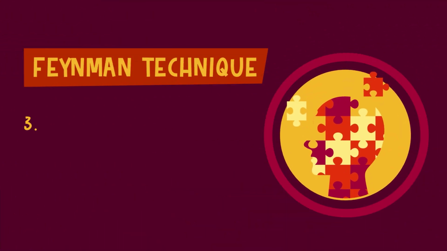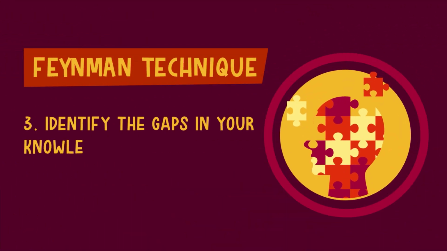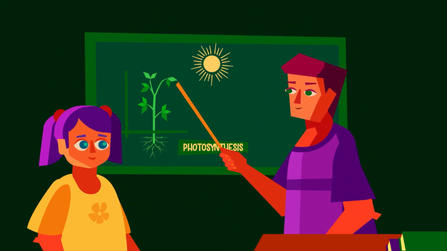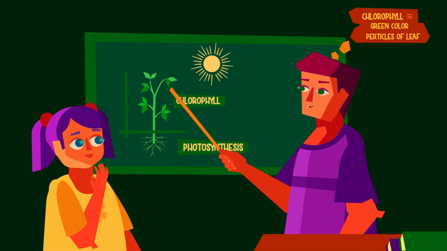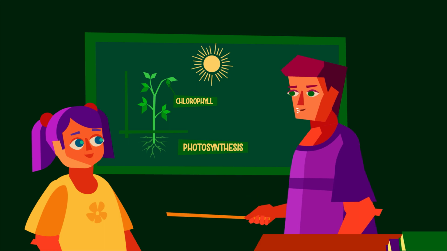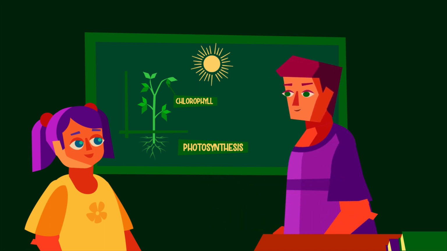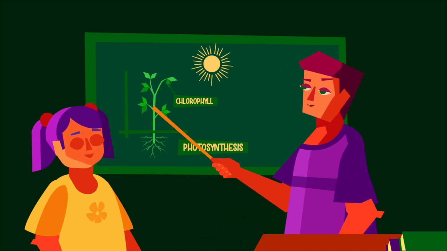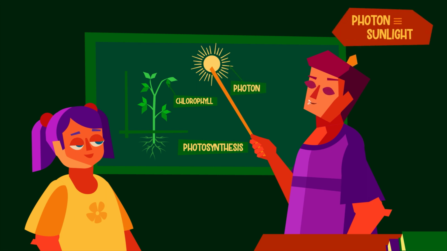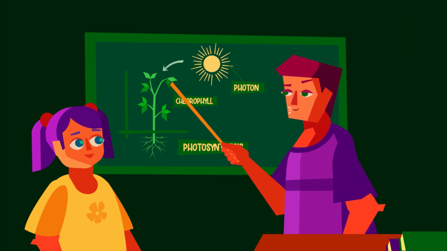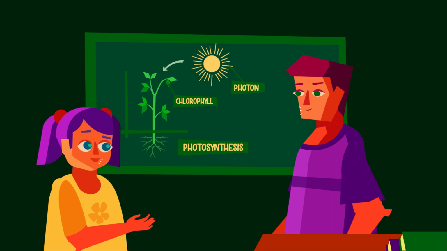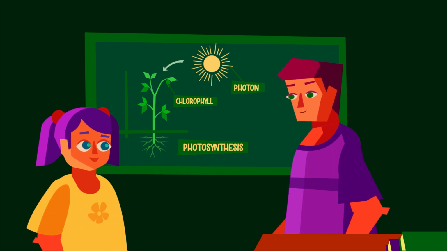Step 3. Identify the gaps in your knowledge. When explaining to a child, you will learn about how easily you can formulate concepts with your level of knowledge. When explaining stuff in plain, basic English, you would also be able to see where your knowledge is lacking, simply by the indication that you would not be able to explain those concepts as well.